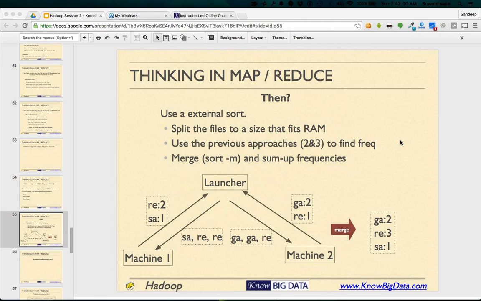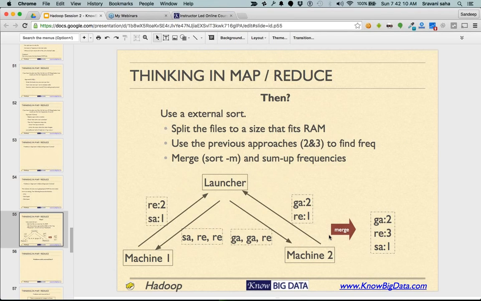Now, when we are getting the output from machine 1 and machine 2, do you think we'll have to sort again? No, we don't have to sort it again. Why? Because the data coming from machine 1 and machine 2 is already in ordered form.